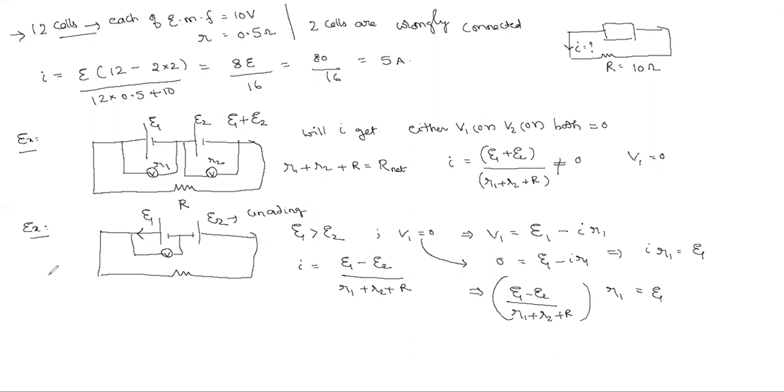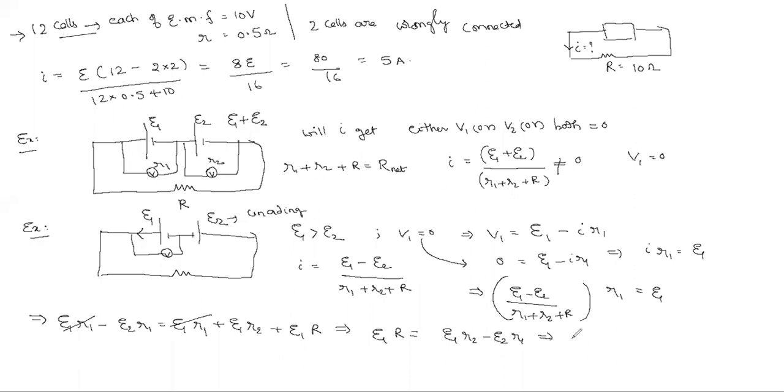If you take the cross multiplication, how much do you get? E1 R1 minus E2 R1, expanding, equals E1 R1 plus E1 R2 plus E1 capital R. Does anything get cancelled here, Nana? E1 R1. Then I am getting E1 into capital R equals to E1 R2 minus E2 R1.